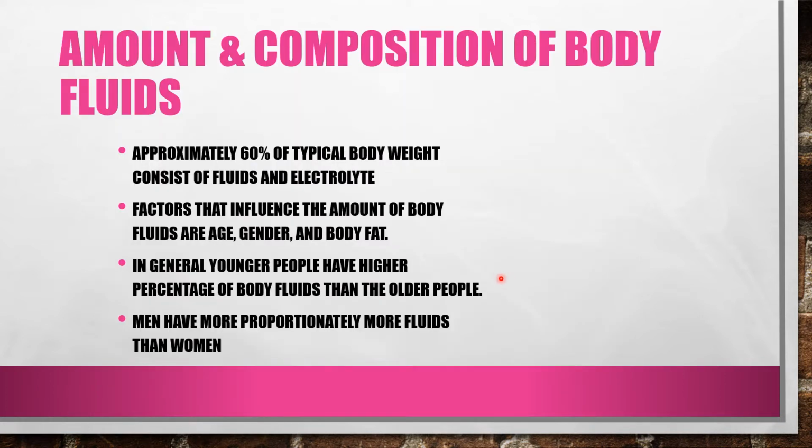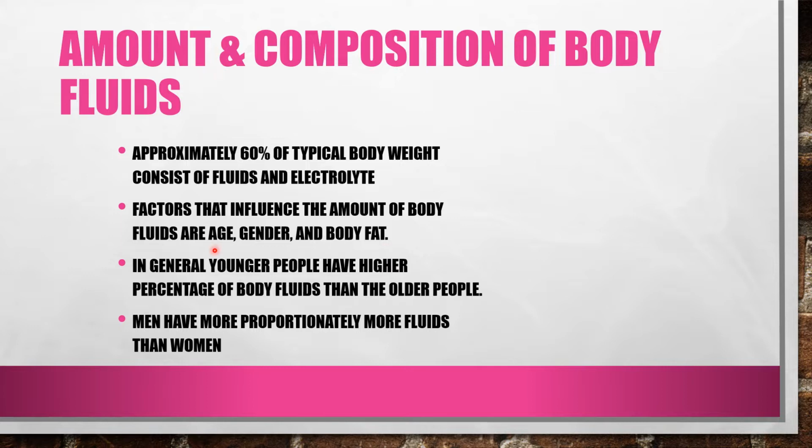It depends upon the individual and the gender, and it will vary. Approximately 60 percent of typical body weight consists of fluids and electrolytes. Suppose a man weighs 75 kg, then 60 percent of his body is occupied by fluid. How is fluid balance affected by age, gender and body fat?